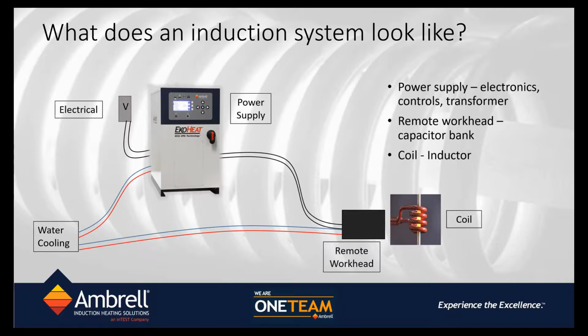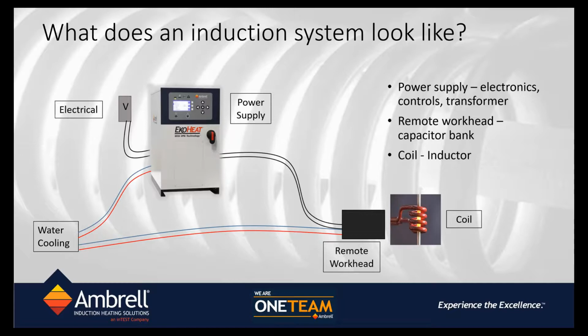The signal from the induction heating power supply is then transmitted through flexible cabling to a remote workhead. As the name signifies, it's the area where the work is being done. The remote workhead is connected rigidly or sometimes with flexible connections to an induction heating coil.